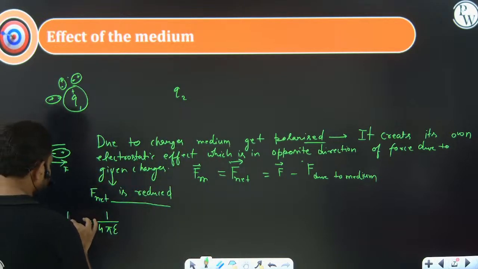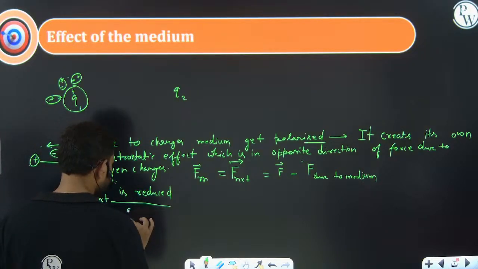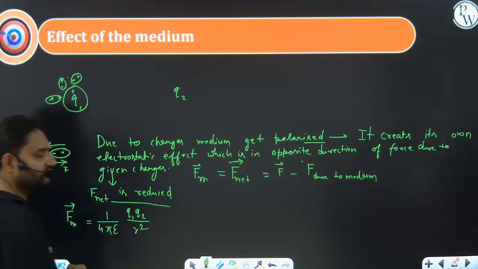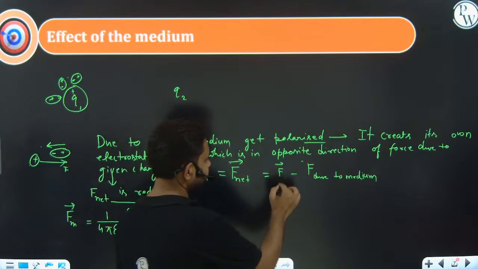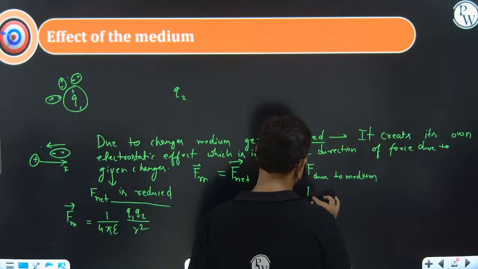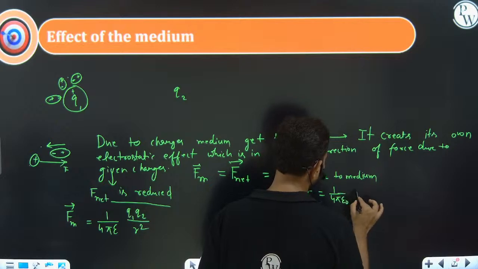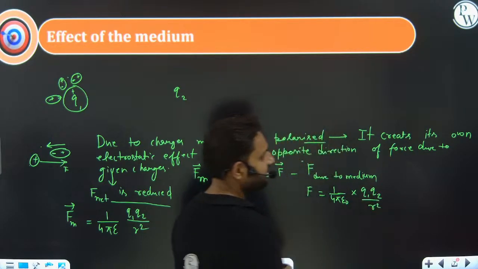So the electrostatic force in a medium is equal to 1 upon 4 pi epsilon q1 q2 upon r square. What was F? This F was 1 upon 4 pi epsilon naught into q1 q2 upon r square. Correct or not?